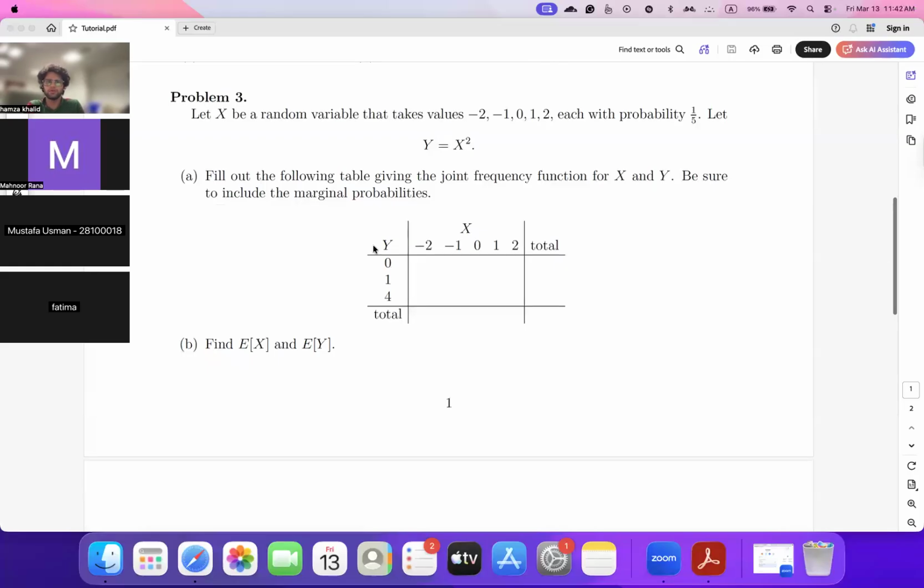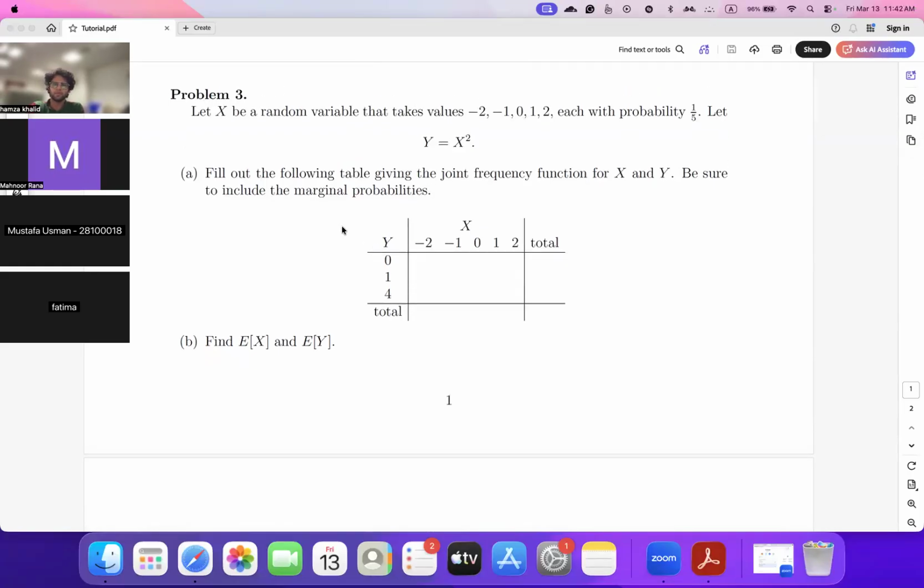Okay, let's go to problem number 3. Anyone want to solve this? So you have a joint PMF table. I want to construct that, and I also include marginals. So how would I go about it?